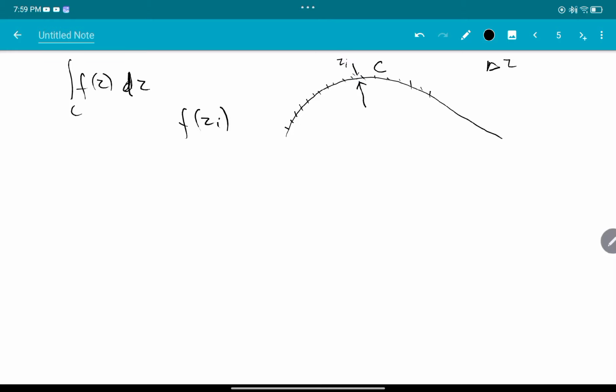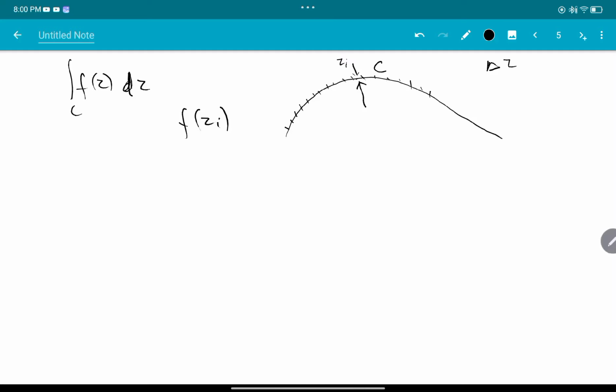I've chosen it between two limits, but that's not the only choice. You could choose it at the start of this interval or at the end. That's not a problem, but let's settle on one, and that should be the same for all of these. So at z_i, the function value is f(z_i).